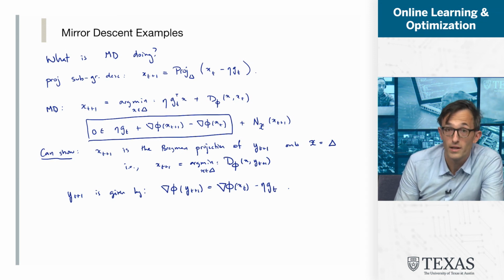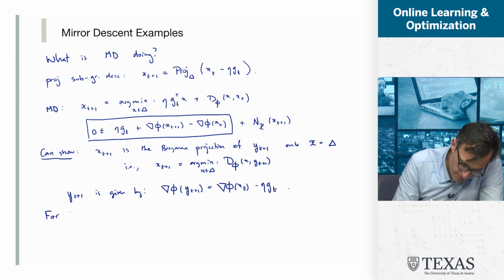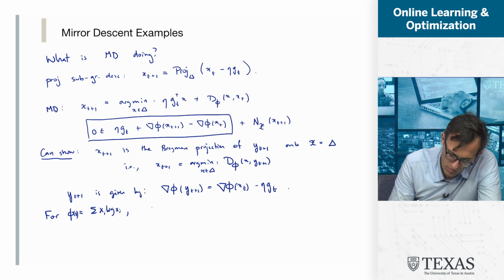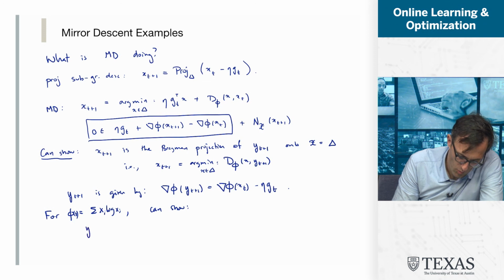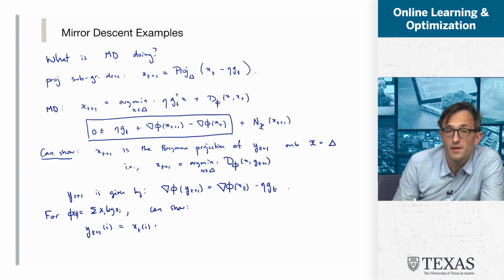So what is yt plus 1 in this specific example when phi is the negative entropy? For phi equal to the negative entropy, the sum of xi log xi, then we can show that the ith element of yt plus 1 is equal to the ith element of the previous iterate, xt, adjusted by a multiplicative factor.